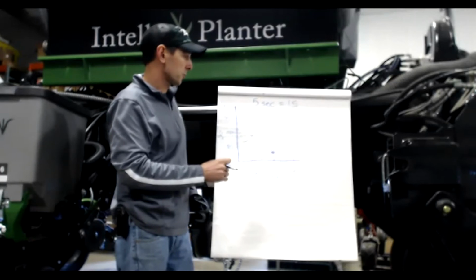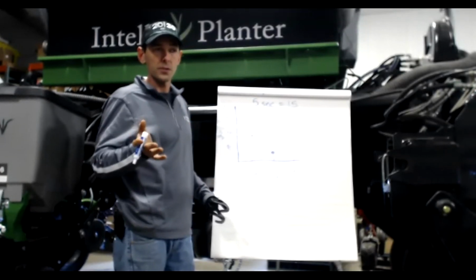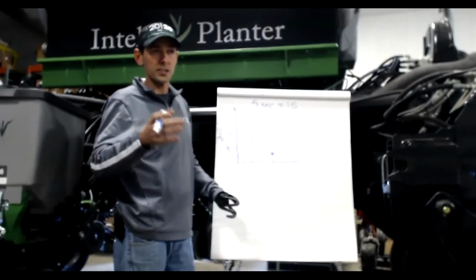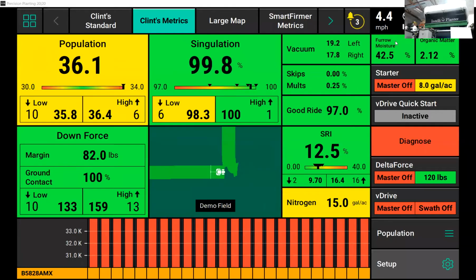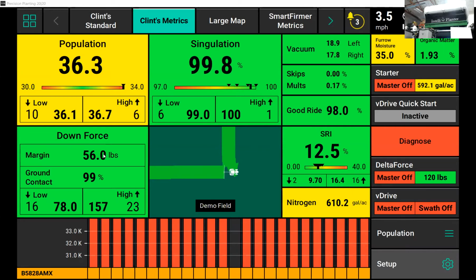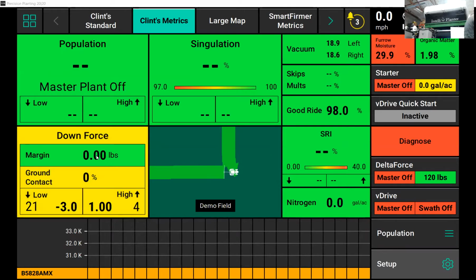We're going to switch over now and explain this on the simulator and also on the iPad. Here we are on the simulator, looking at the downforce box. Margin is the average of all your active pins averaged together.